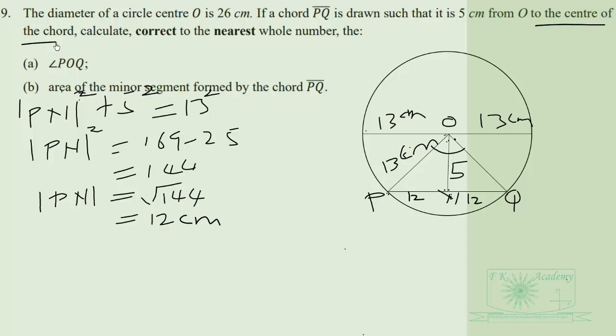So we can now find the angle here using trigonometry. We know that tan of this angle, which is half of angle POQ, is equal to opposite over adjacent, which is 12 over 5.